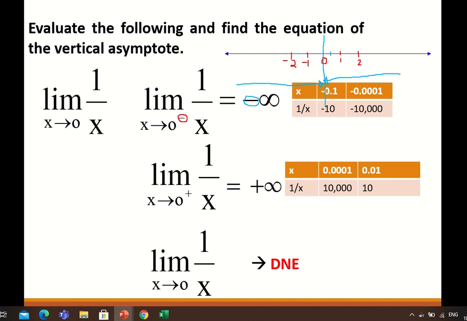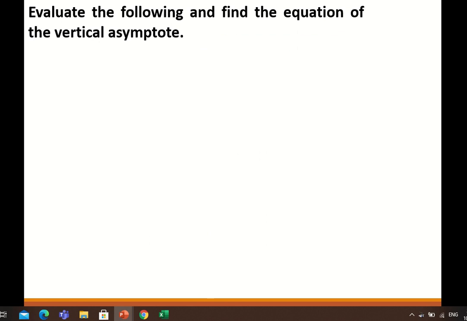I hope you have understood this part of our lecture. Next, evaluate the following and find the equation of the vertical asymptote.